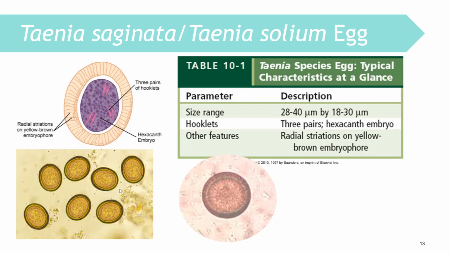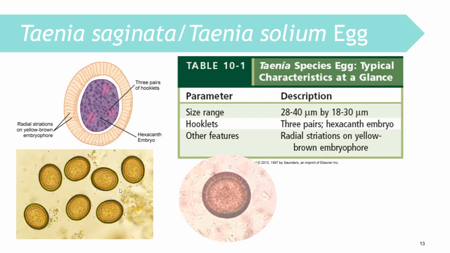If you take a look at a glance, you might say that the egg of Taenia saginata is almost similar to the structure of the egg of Ascaris lumbricoides, most especially if the egg of Ascaris lumbricoides is decorticated. However, don't be confused and don't be easily deceived. Why?